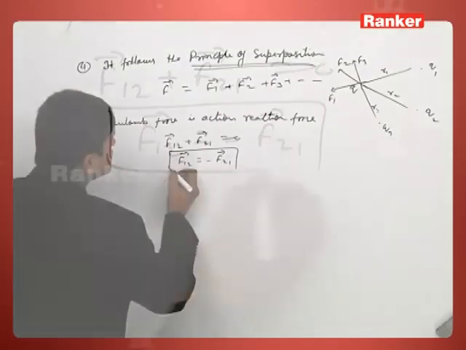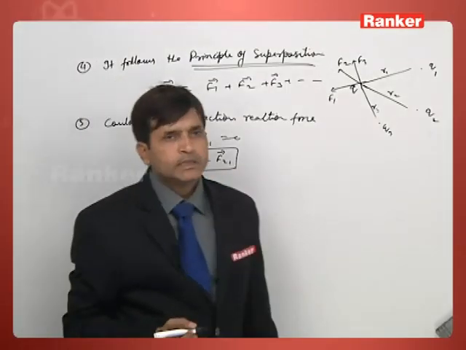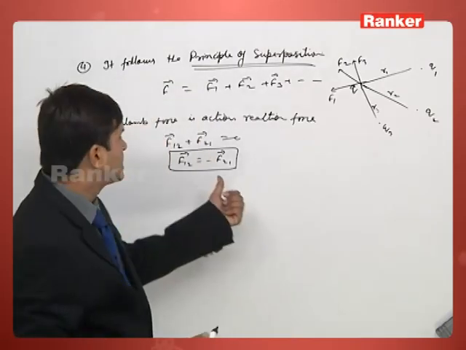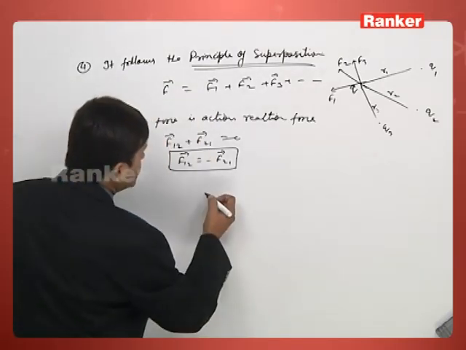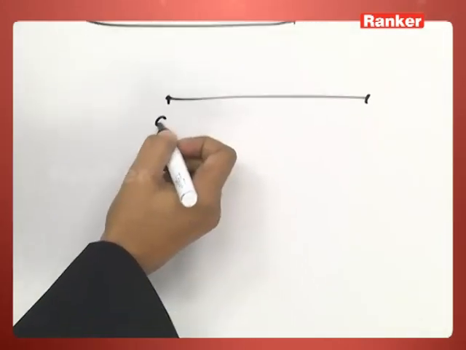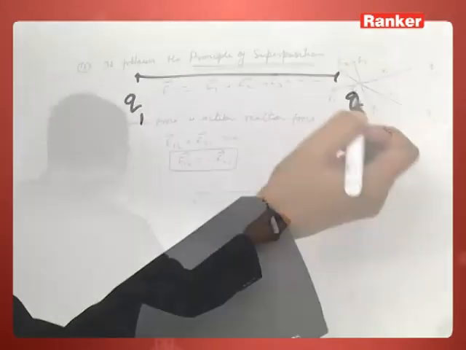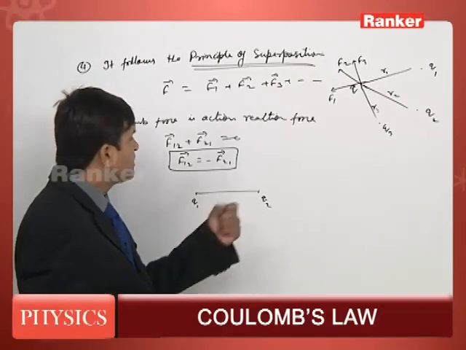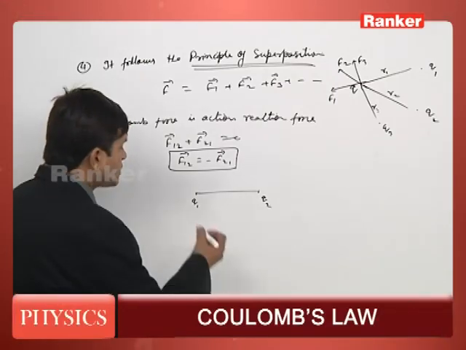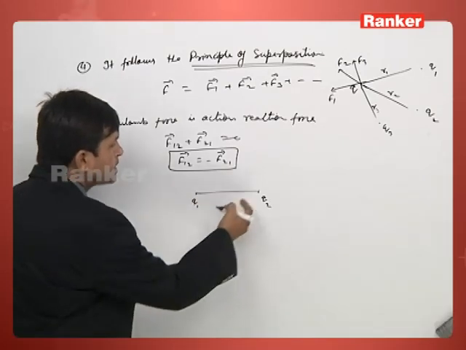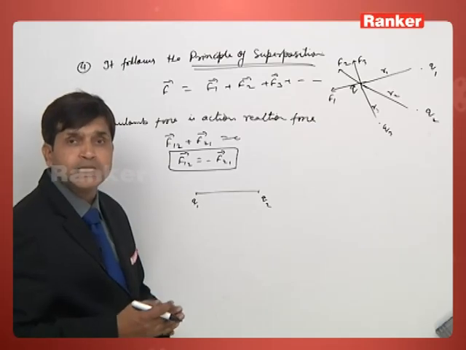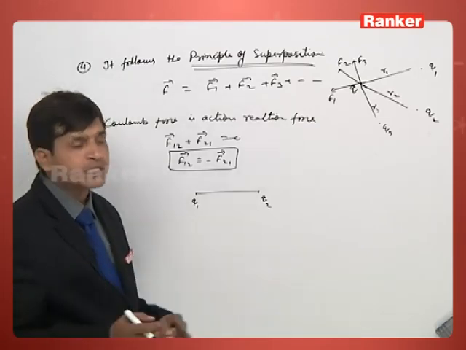It means when two forces are acting in the opposite direction and the resultant is 0, then it can be said as action reaction force. See, let this be charge Q1, this is your Q2. Two charges are there and both are positively charged. So the force on Q1 due to Q2, as both are positively charged, same type of charge, force of repulsion will be there.